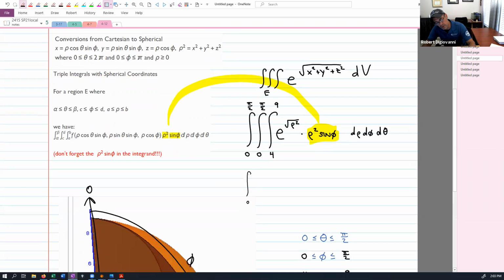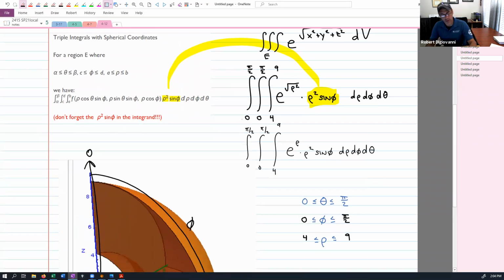So that becomes 0 to pi over 2, 0 to pi over 2, 4 to 9, e to the rho times rho squared sine phi, d rho, d phi, sorry, d theta.